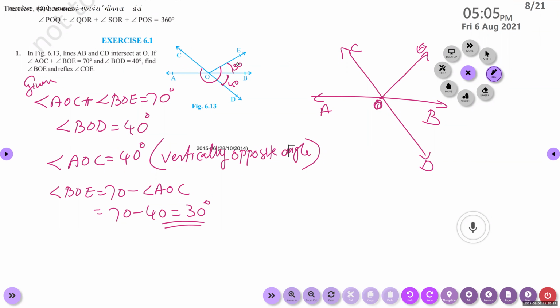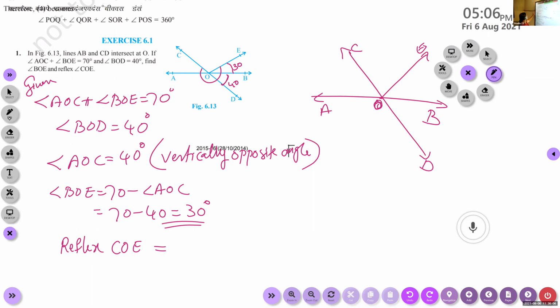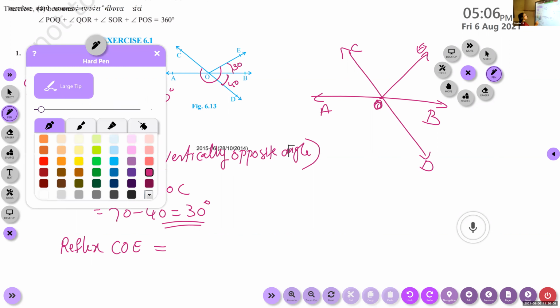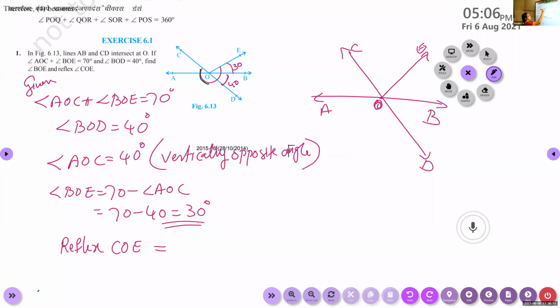Reflex COE. EOB 30, BOD 40. So how much is reflex COE? I have marked it there, I will mark it in some other color. This green color angle is reflex COE. COE is the other one.